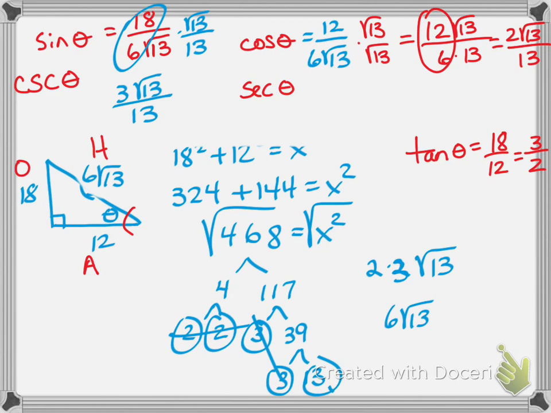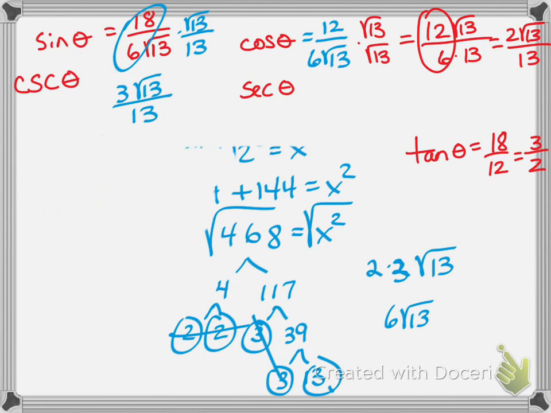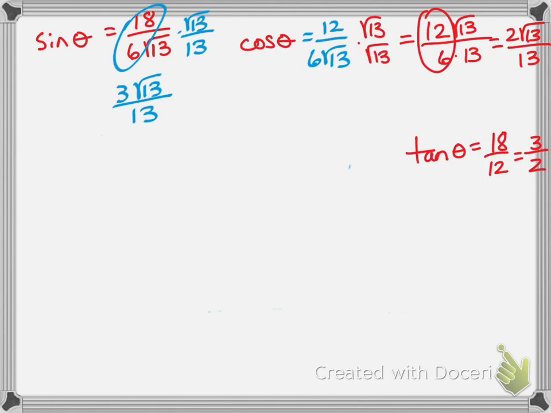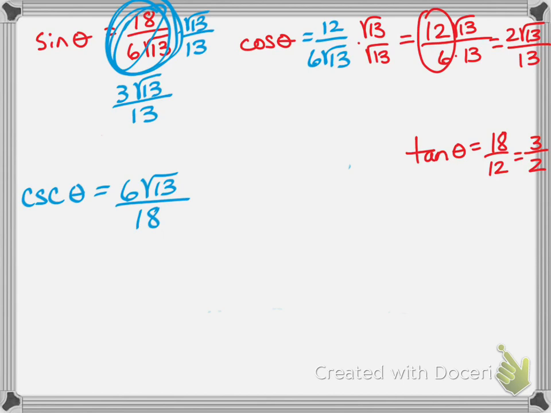Now I'm going to get rid of my triangle here. And I'll scoot down cosecant and secant. I'm going to give you a trick. If you're paying attention, you will appreciate this. When you want to get cosecant, you know it's the reciprocal of sine. Go back to this before you rationalized it and just flip it there. So you've got 6 square root of 13 over 18, and 6 over 18 is 1/3.